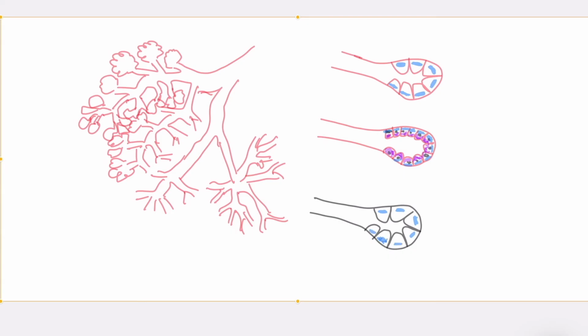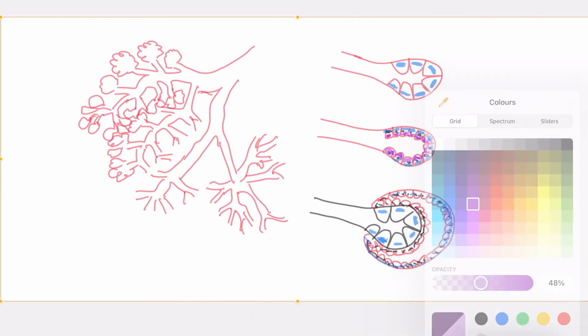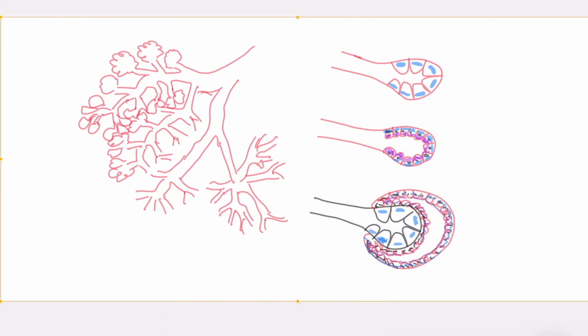But there will be some acini which will override this, like this. This acini is overriding this acini, and this is a serous acini. The components of the serous acini I have told you: you can find a nucleus in all of them, and they will take good stain. So this is how it is.